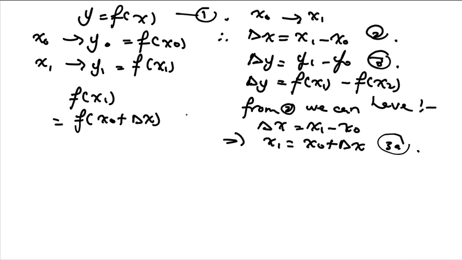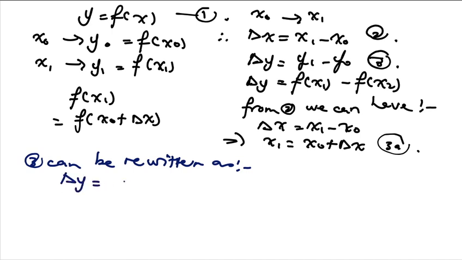Okay, now look at expression 3 that I have shown you earlier. Let me use a different color of pen, let's say blue. So we can rewrite 3 as the following. We have change in y, which is equivalent to y1 minus y0.